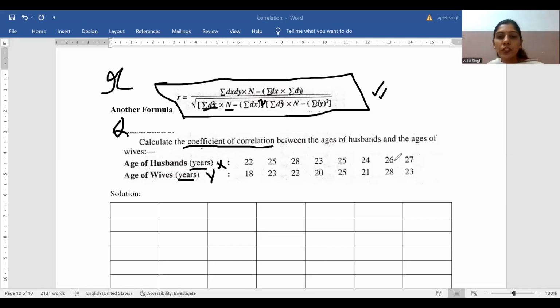In this question, n is 8. Total number of observations are 8 for both the variables x and y. So let's solve this question.